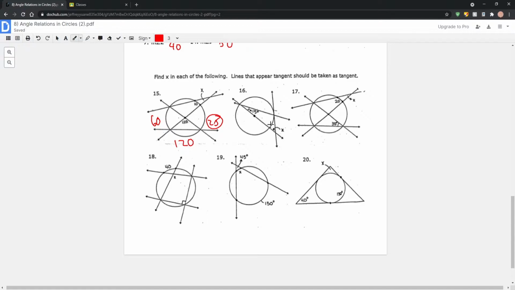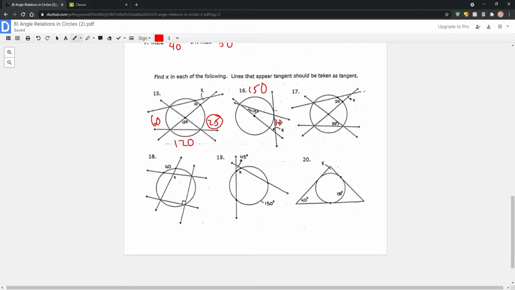We're looking for x here. So we're using this arc and this arc here. This is an inscribed angle, so this arc is given to us as 30 because inscribed angles are half of the intercepted arc. We're also given this is the diameter, so this arc will equal 180. So 150 here using subtraction.